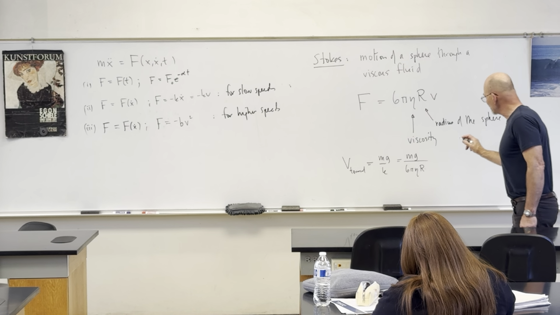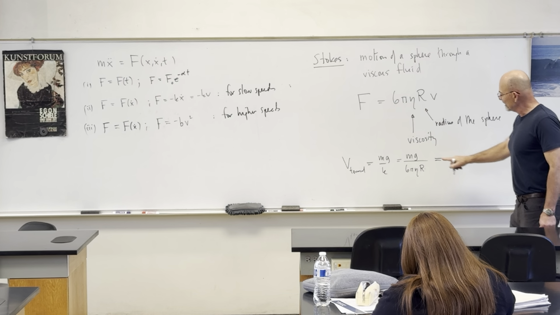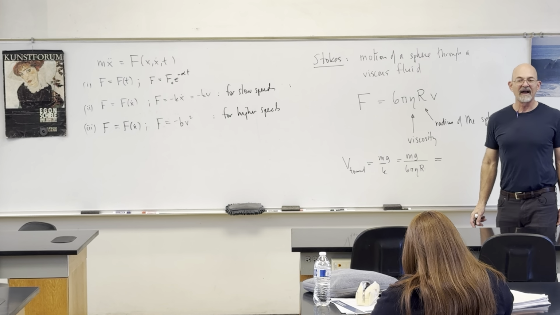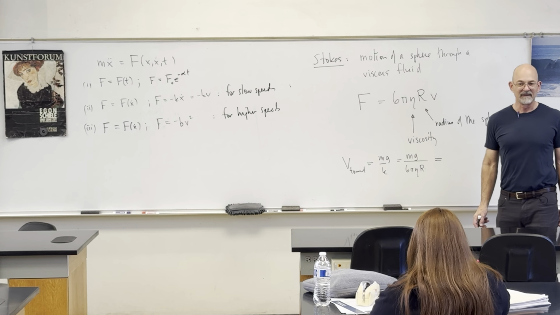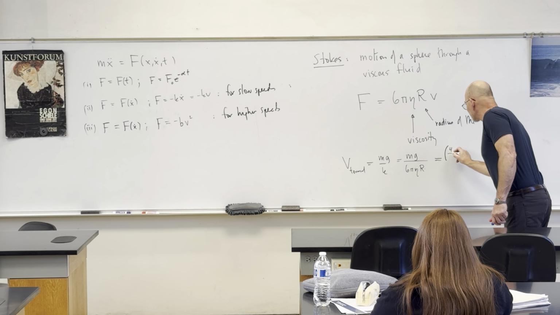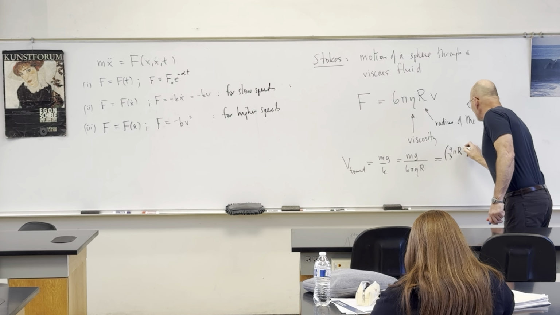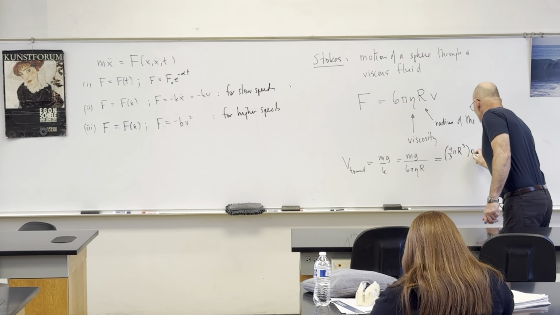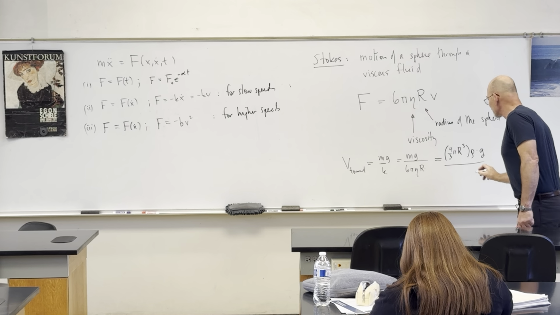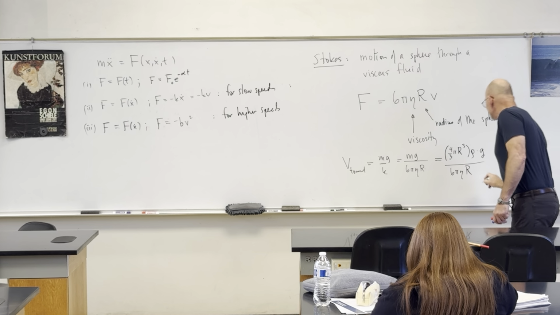Here's a very interesting thing we can do with this though. Now the mass is going to be 4/3 pi r cubed times the density. I'm going to replace the mass: 4/3 pi radius cubed times the density times g, over 6 pi eta r.